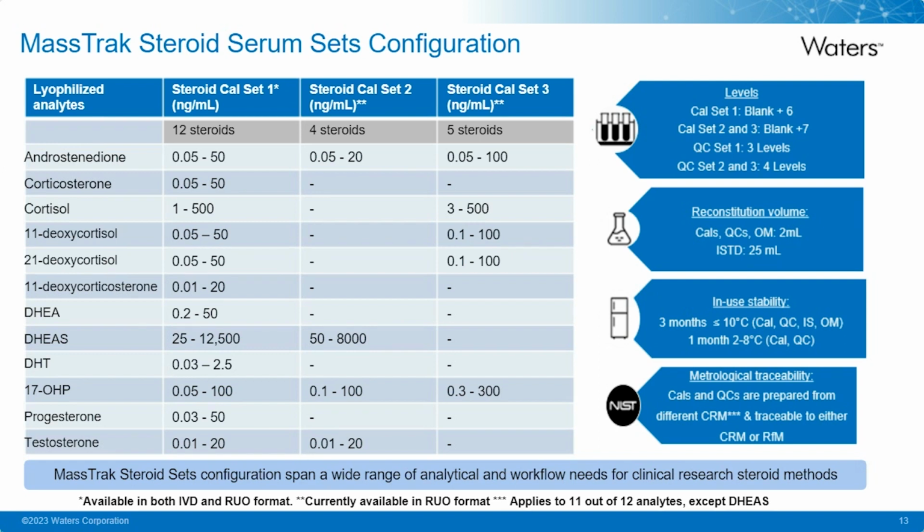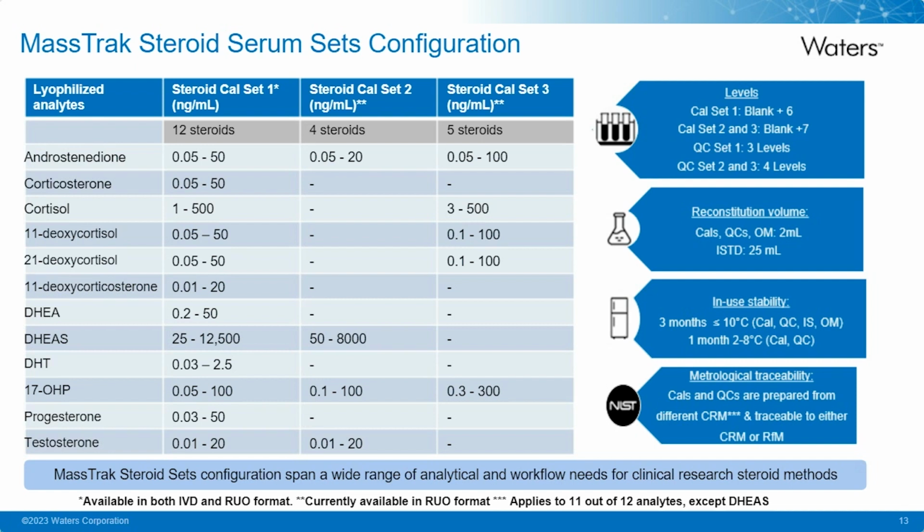The CALs, QCs, optimization mix, and the IS, all of them contain lyophilized steroid compounds with a target recon volume of 2 mLs for the CALs, QCs, and optimization mix, while the IS is offered with a target recon volume of 25 mLs.